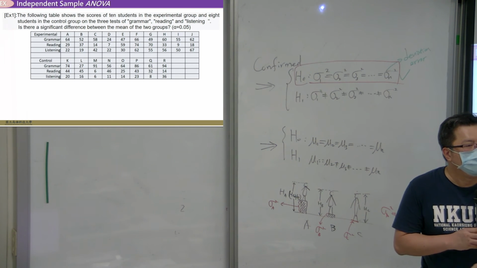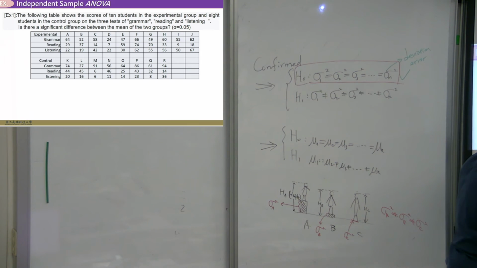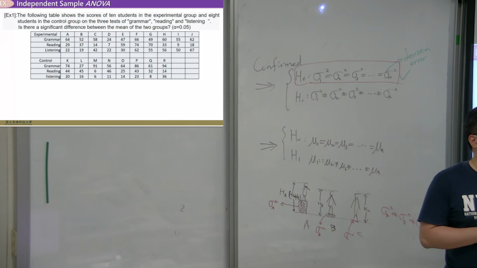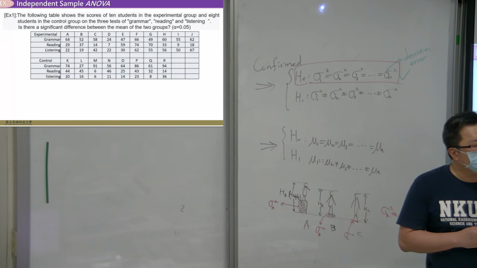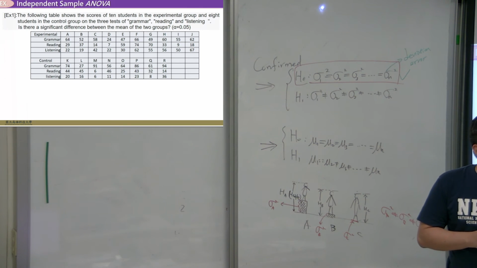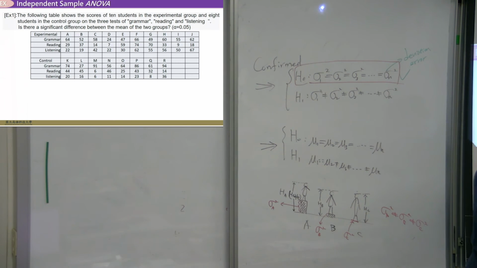So this is independent. And the 3 means independent ANOVA, and you can say multivariate ANOVA. I give them only one training, but there are 3 results, Y1, Y2, Y3.